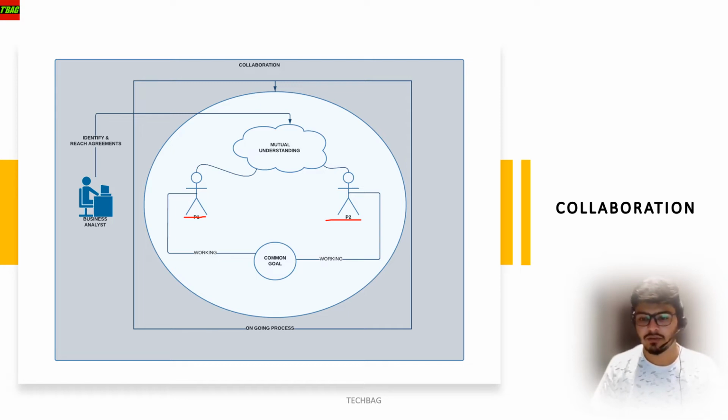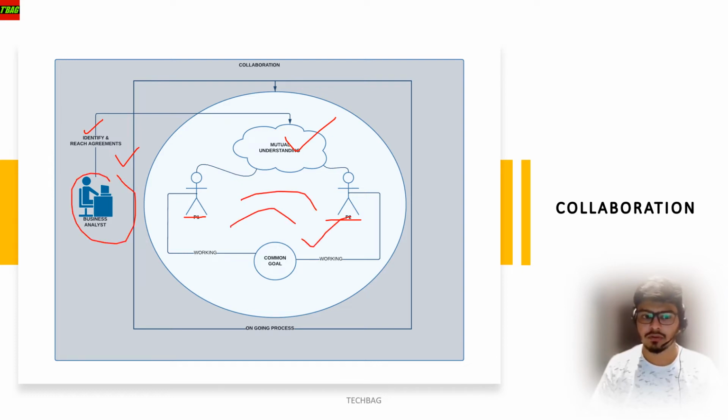And when they are working toward a common goal, they have a mutual understanding. Now the BA here would act as a guide, or a person who identifies and reaches all the agreements that have been made between those two persons, because these two persons have a greater collaboration.